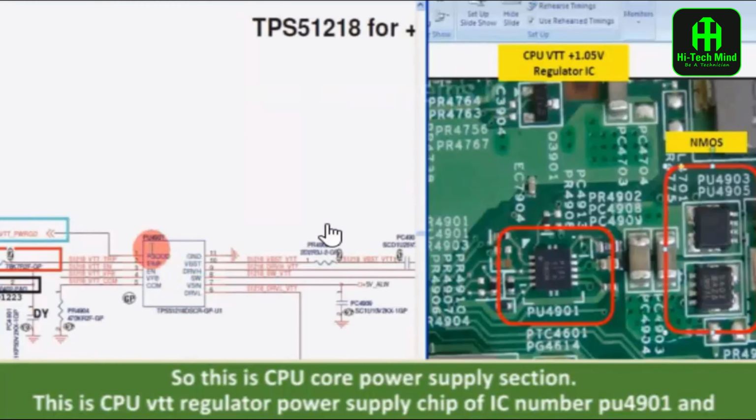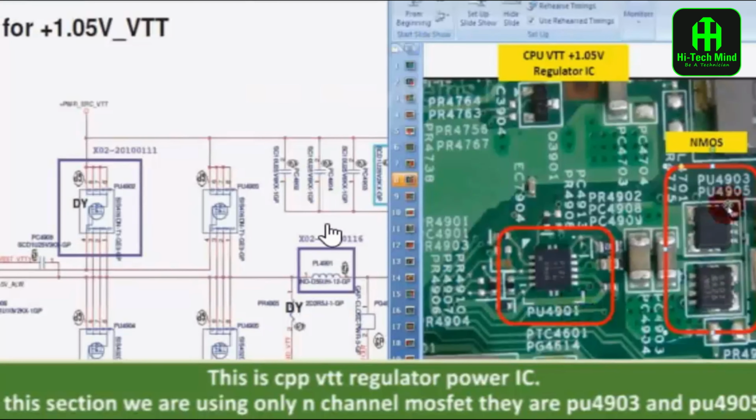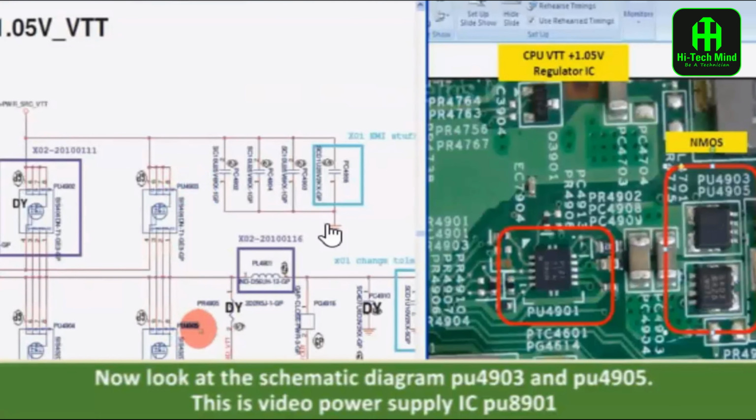This is the CPU VTT regulated power IC. In this section, we are using only N-channel MOSFETs. They are PU4903 and PU4905. Now look at the schematic diagram. As same, this is PU4903 and PU4905.